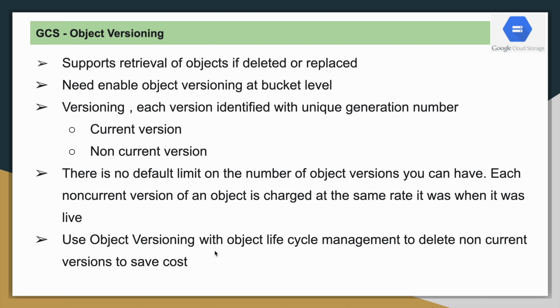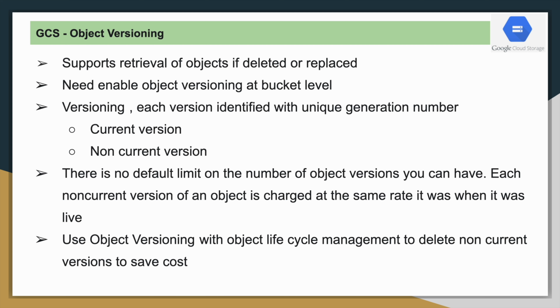It's also always recommended to have object lifecycle management on top of a versioning-enabled bucket, because once you reach a specified number of non-current versions, it's better to delete them after a certain period of time, for example 5, 7 or 8 days.